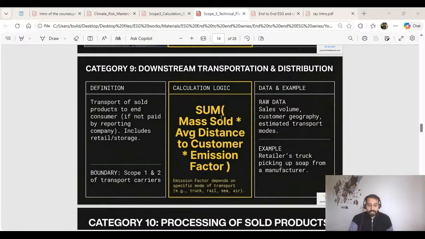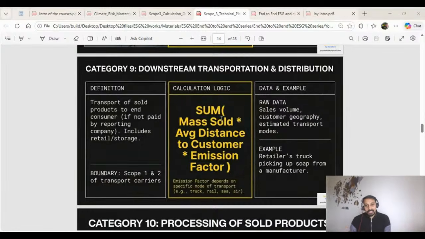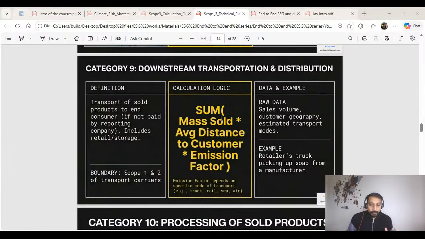We have seen categories 1 to 8, which are upstream categories, and that is helpful for understanding what goes downstream, which means whenever you are selling your product or service, then categories 9 to 15 start. Categories 1 to 8 come before scope 1 and 2 are generated, and categories 9 to 15 come after scope 1 and 2 are generated.